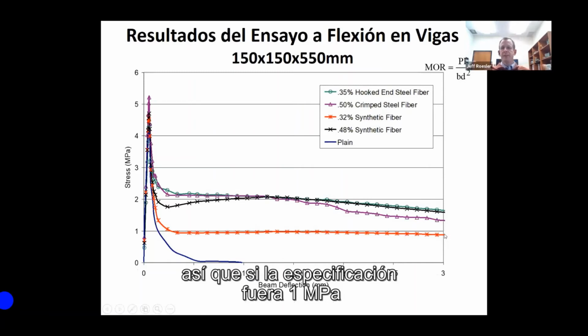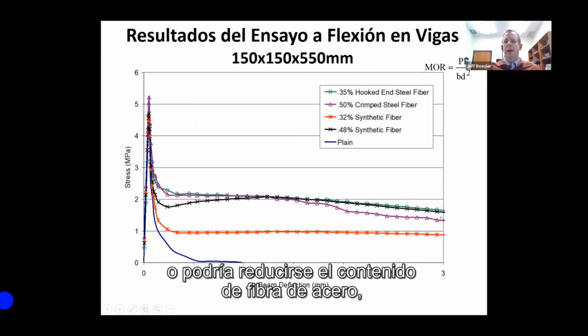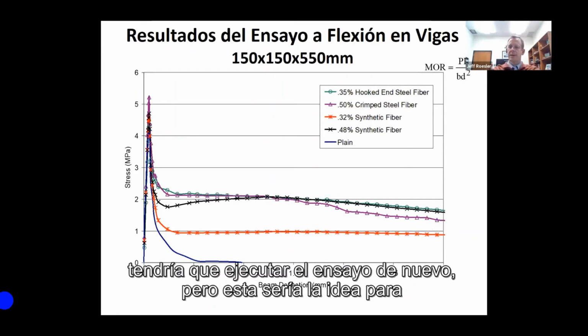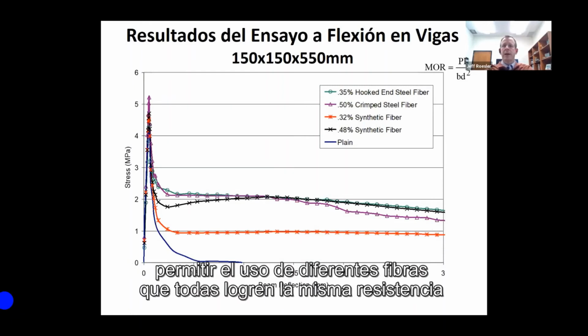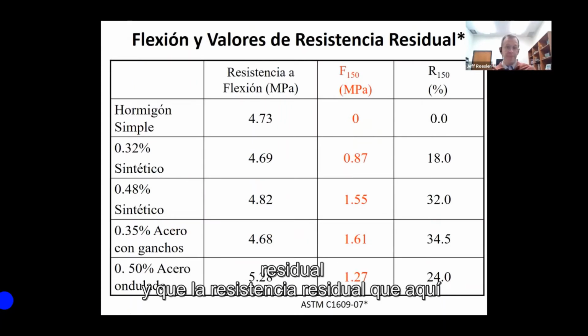So if my specification was 1 megapascal, I could basically meet it with, let's say, 0.35% synthetic, or I could reduce the steel fiber content. Instead of using 0.5%, maybe 0.4% would work. I'd have to run the test again, but that would be the idea, to allow for different fibers to be used that all achieve the same residual strength.